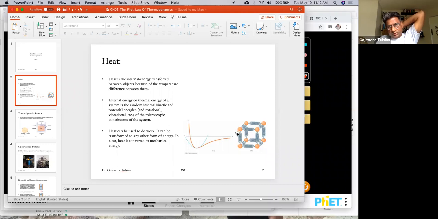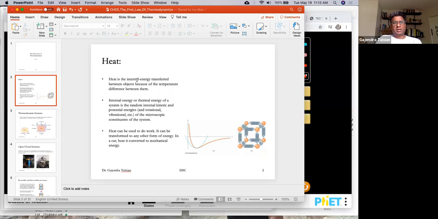So associated with each atom or molecule is kinetic energy because of the vibration, and potential energy because the spring is stretched. The sum of kinetic and potential energy is internal energy. If the molecule is excited, that's also included in internal energy, but we won't talk about that. So mostly it's kinetic and potential energy.